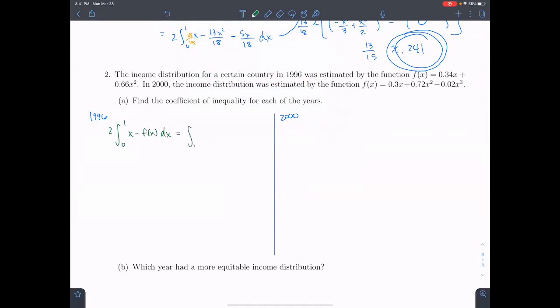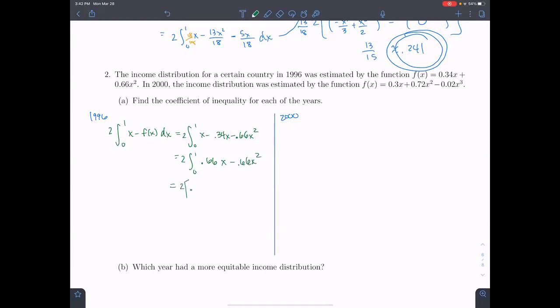So this is 2 times the integral from 0 to 1 of x minus 0.34x minus 0.66x squared. I went ahead and distributed that minus sign. This is 2 times the integral from 0 to 1 of 0.66x. I would make that a 4 and a 6, minus 0.66x squared.